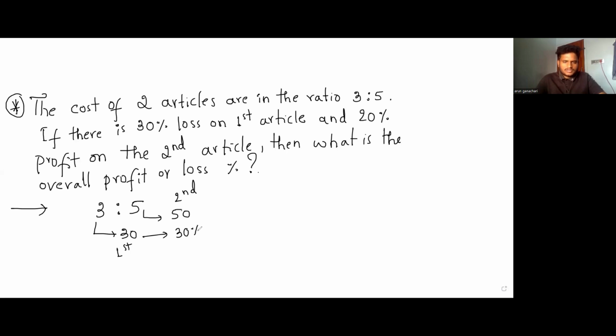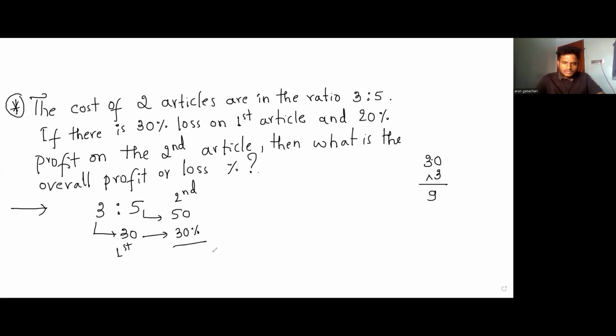What is 30%? What is 10% of 30? 3. So 30% will be 3 into 3, that is 9. Yes or no? So 30% loss means 9 rupees loss. Yes or no?